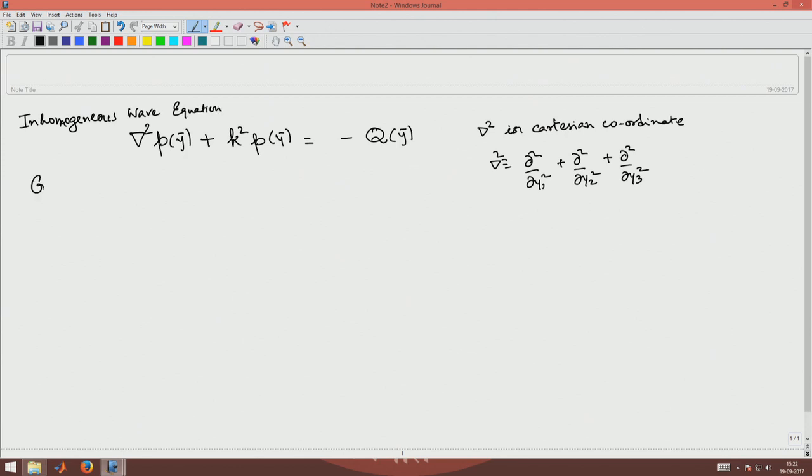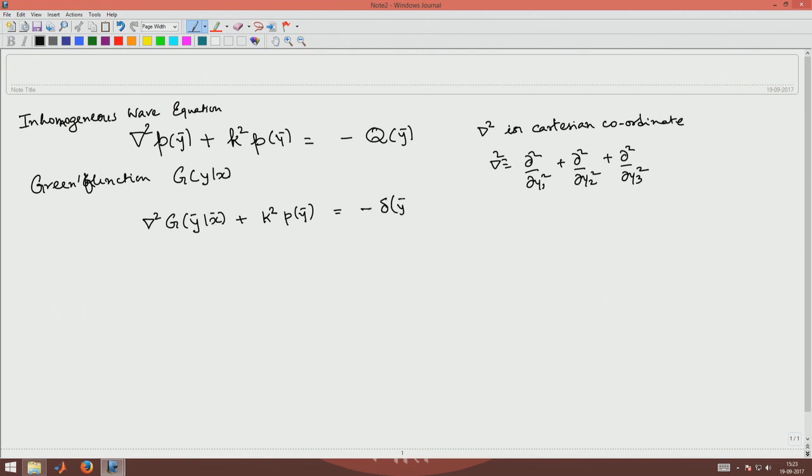We have also looked at a Green's function, and the Green's function depends upon two arguments y and x. The Green's function is the pressure profile at y due to a delta type of inhomogeneity which is acting at x. That is why we changed over to the notation wherein we used y as the field point and x as the source point.